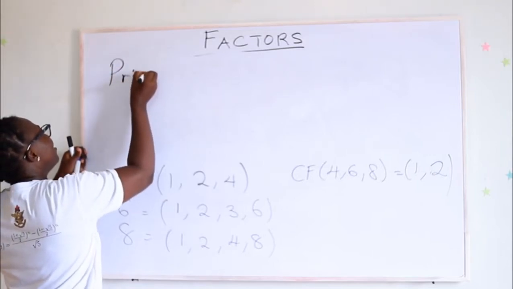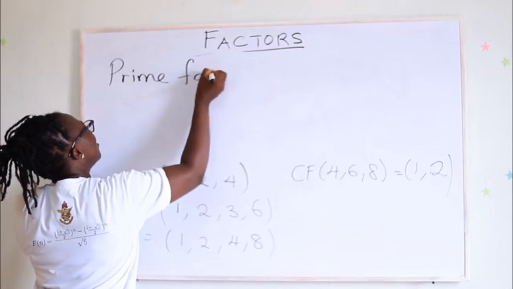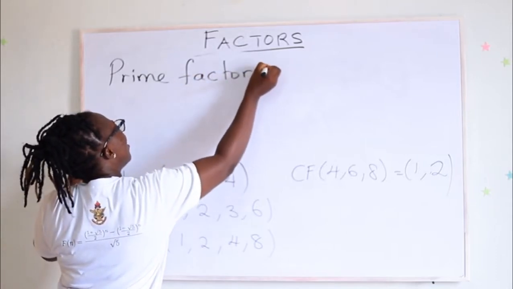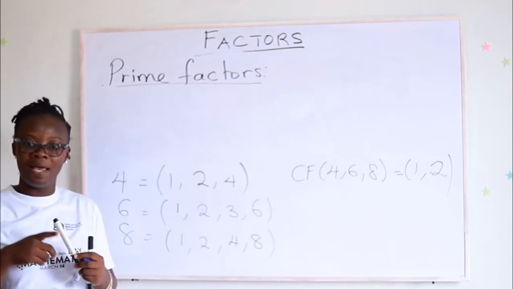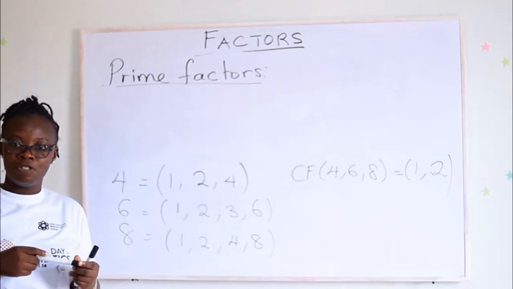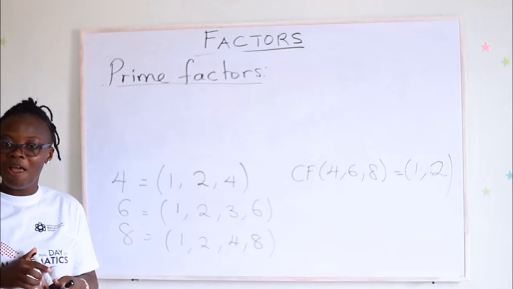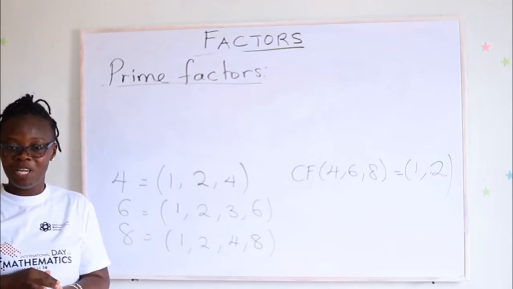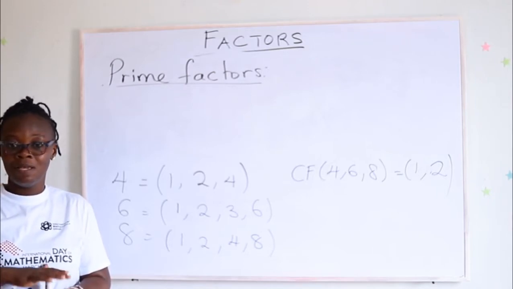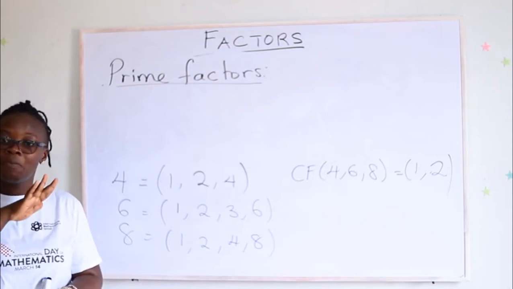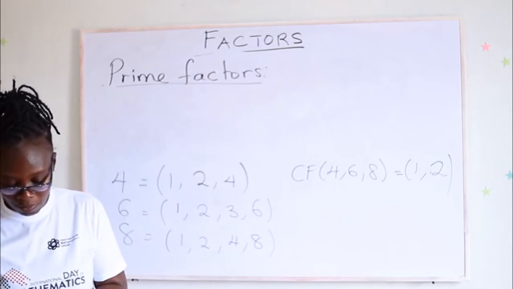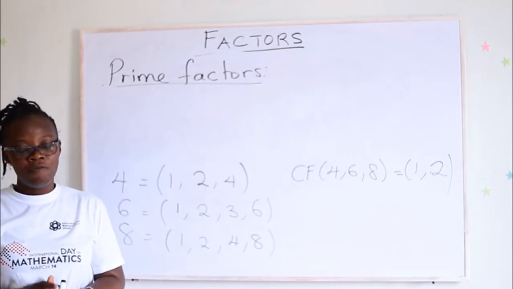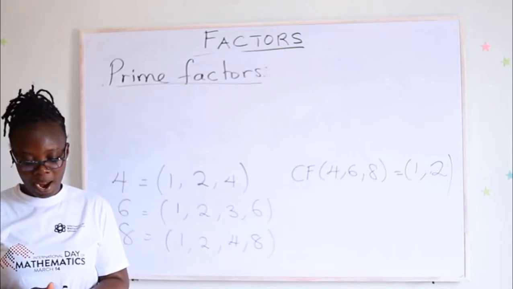So prime factors. We know what a prime number is. So if I talk about prime factors, then what am I looking at? I'm talking about factors that are prime.